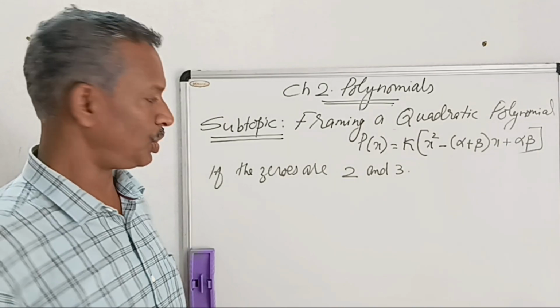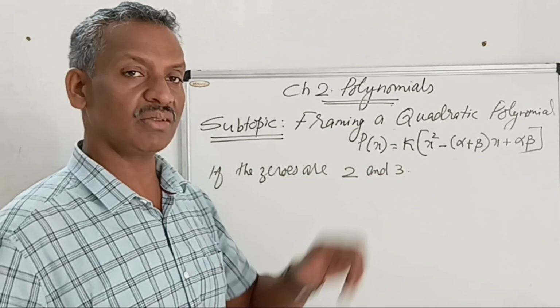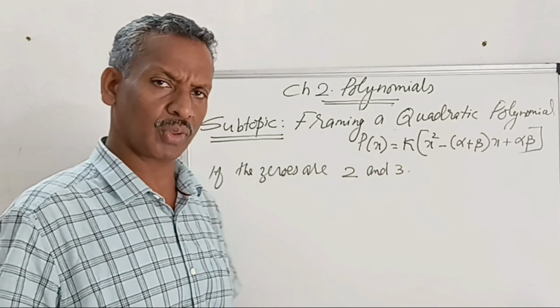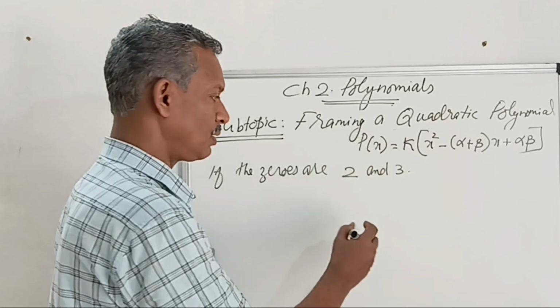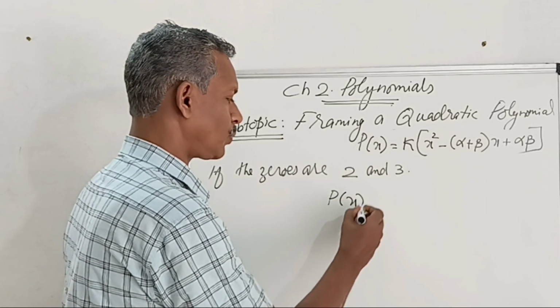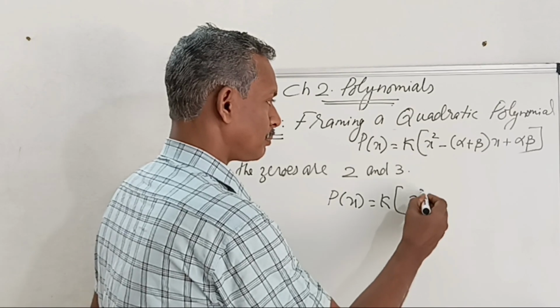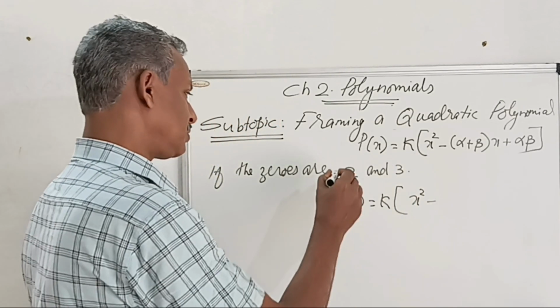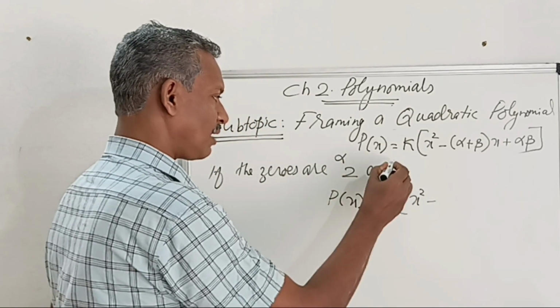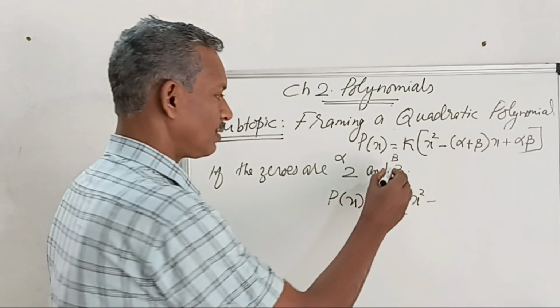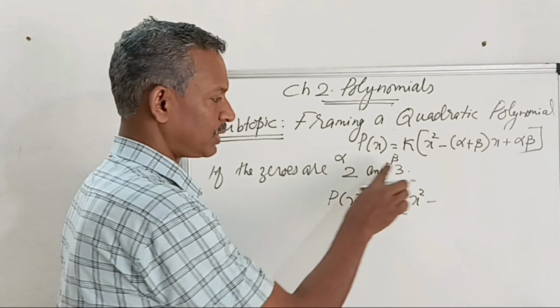One example I am taking. If the zeros are 2 and 3, can you make a quadratic polynomial? We can use this formula. P of x is equal to k into x square minus alpha plus beta into x plus alpha beta. First zero is 2, second zero is 3.